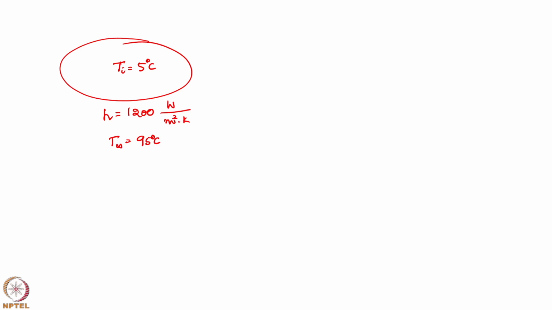Now the question asked is, for the center to reach T naught as 70 degrees Celsius, what is the time taken? And we are approximating this egg as a sphere of diameter 5 centimeter. So, with this let us see how we get the properties.